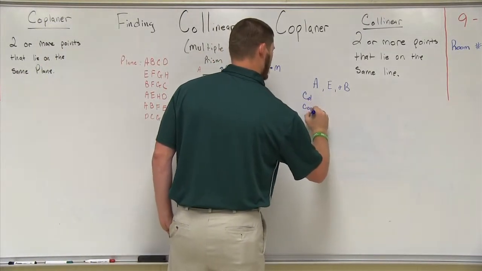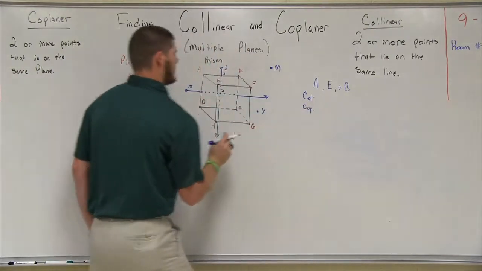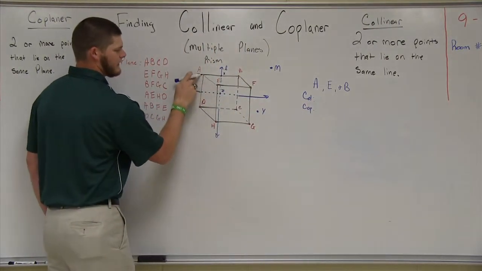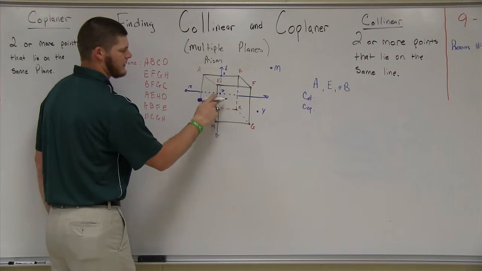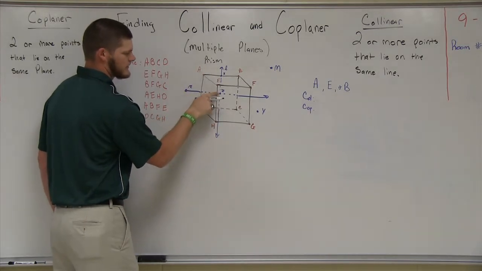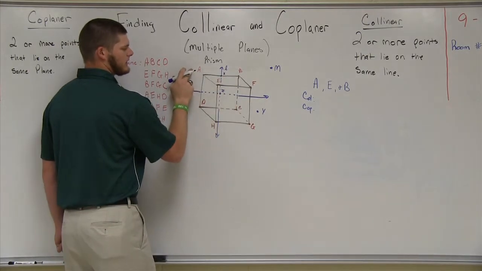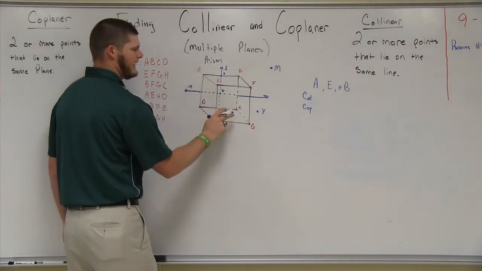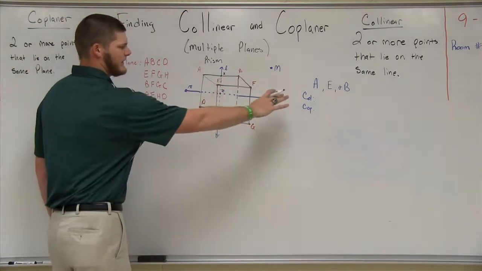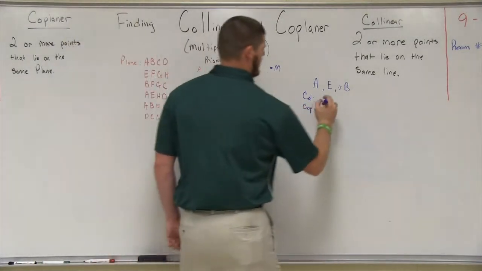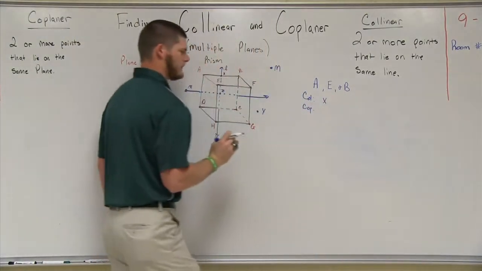Well, A and E, here we find A and E. A and E are both collinear. We have one line that goes between the two. But point B is over here, not included in a line that would pass through A and E. So we would say that points A, E, and B are not collinear.